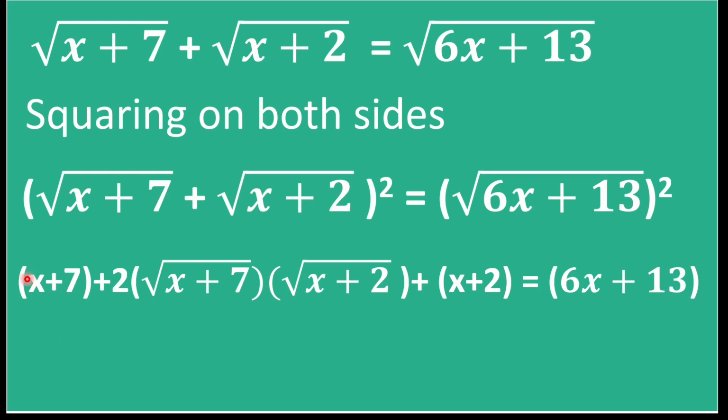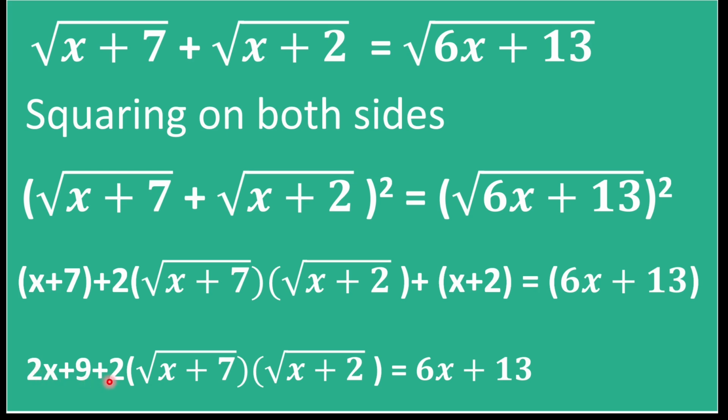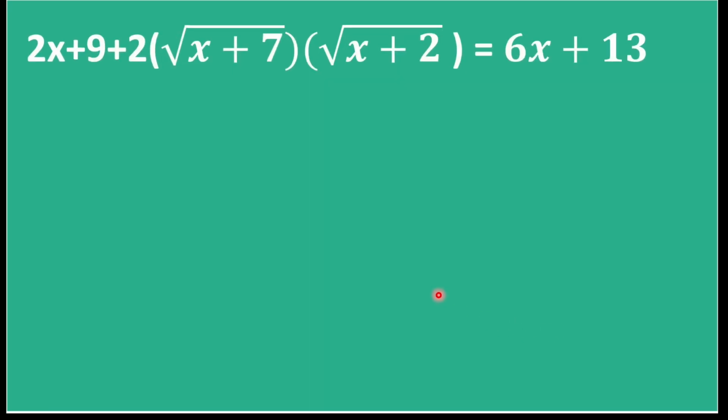And now this x plus this x will become 2x, and plus 7 plus 2 will become 9. So 2x plus 9, 2x plus 9, and this whole term which is equal to 6x plus 13. And now we will send these values, that's 2x and plus 9, on this side of the equation.